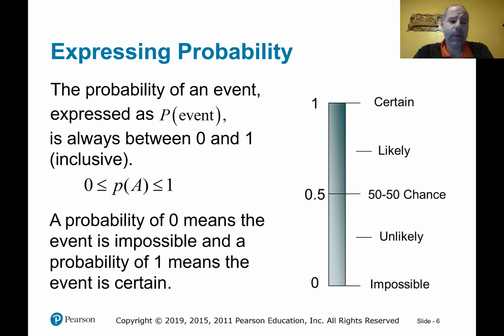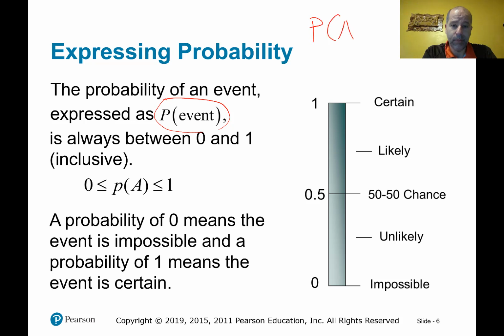Now, how do we express probabilities? A probability of an event we denote using the symbol P of.